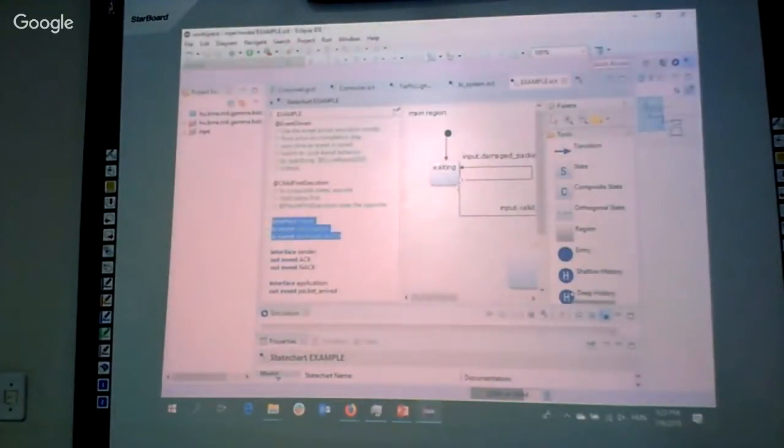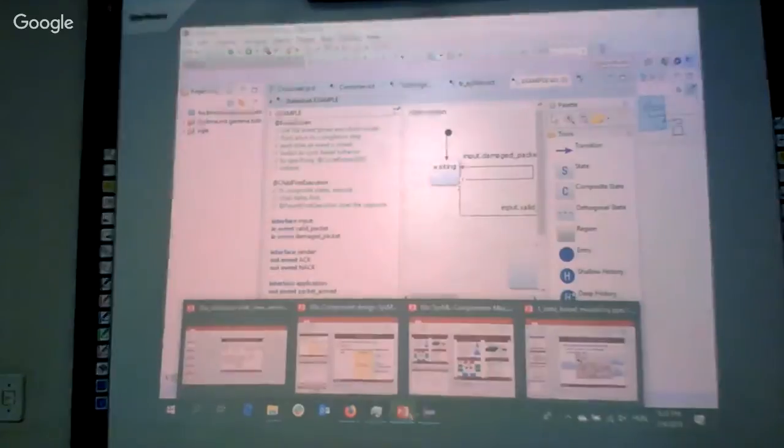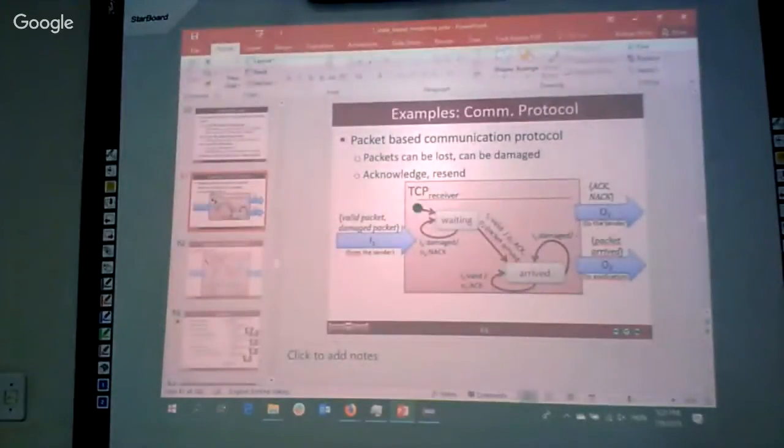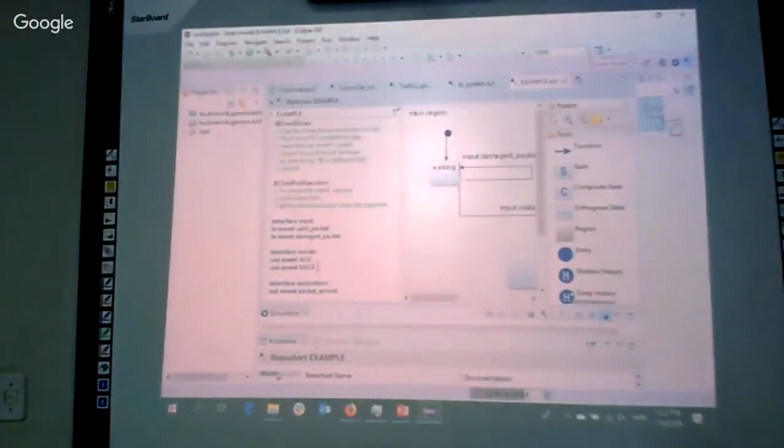So in our input interface, we have two event types. One is valid packet and the other is damaged packet. So we just say that it is an input event. And we can provide feedback to the sender, these acknowledge and not acknowledged messages. They are sent through the sender interface, and they will be the output events of our system.